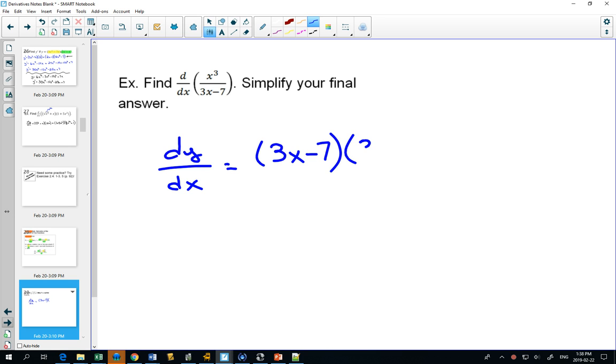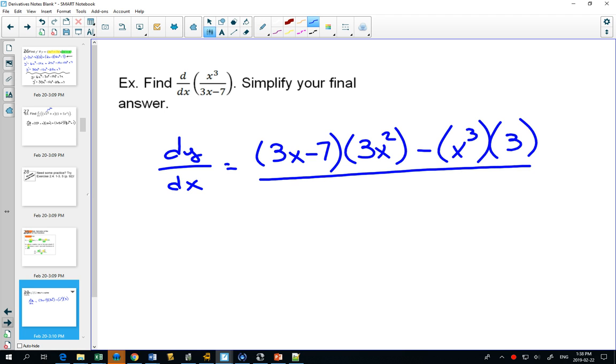Multiply by the derivative of the top. Subtract. Keep the top the same. Multiply by the derivative of the bottom all over the bottom squared.